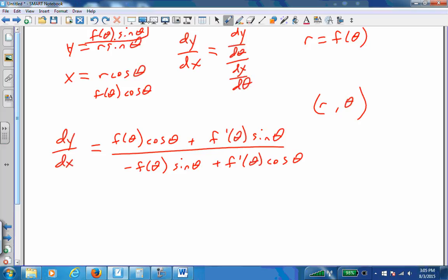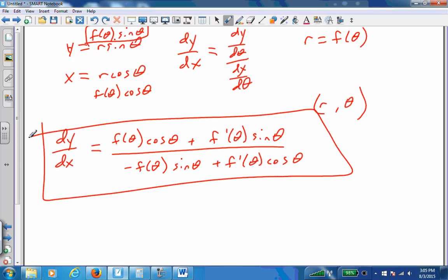It's actually not the quotient rule, it's actually a product rule. We use the product rule to take that derivative with respect to theta, that goes on top. We do the product rule to take the derivative of x with respect to theta, so that goes on the bottom. So that's dy dx. So let's look at an example or two.